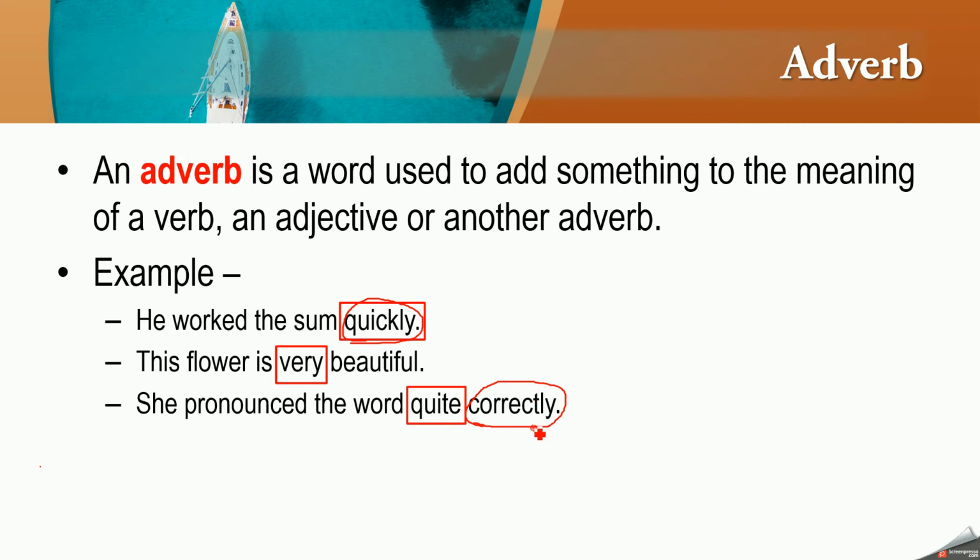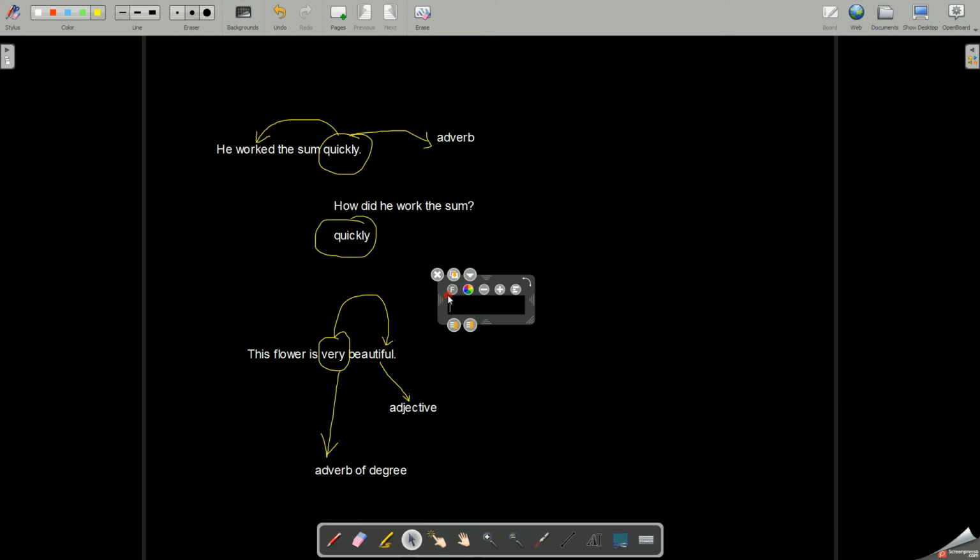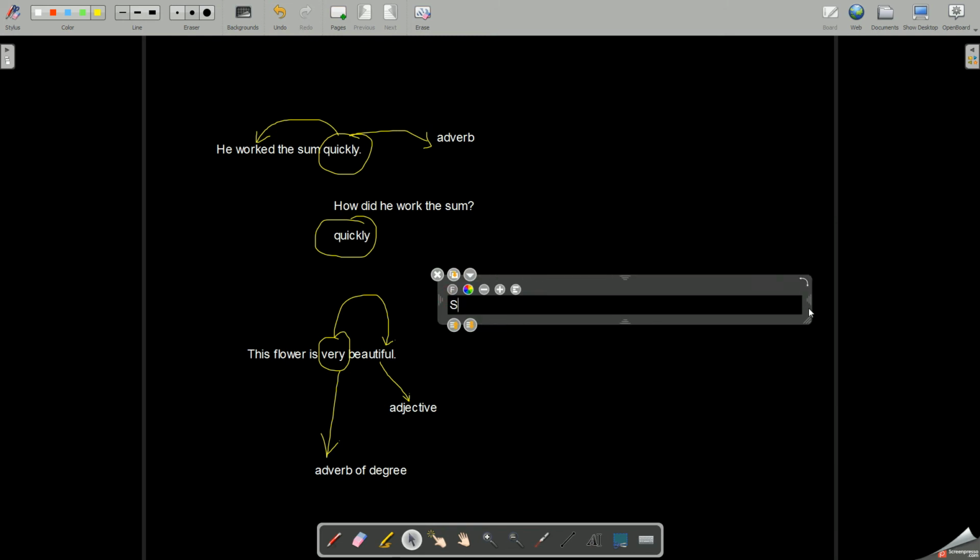Because correctly describes how did she pronounce the word. She did pronounce the word correctly. And how correctly? Quite correctly. That is, we have two adverbs in this sentence.